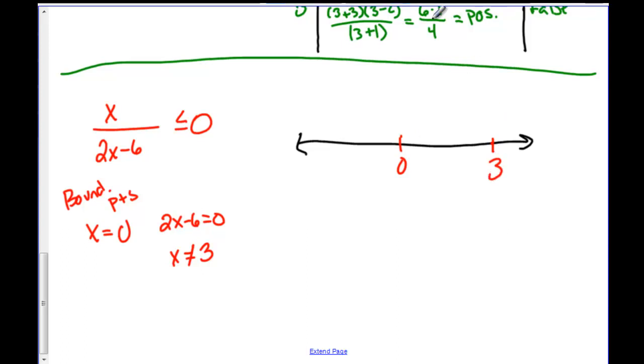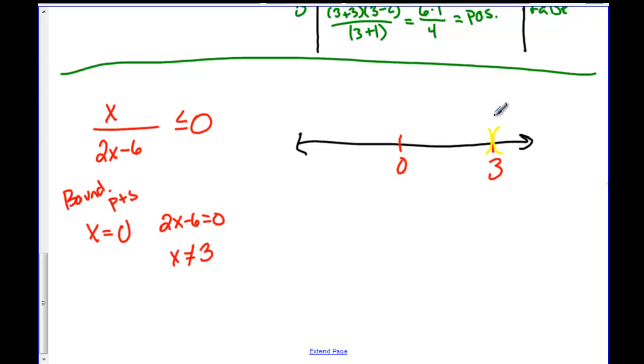One of the things I've done in the past is, because I knew x couldn't be 3, I would go ahead and lightly mark parentheses facing both ways. I remembered, okay, I'm not actually using these yet, but just to remind myself, it has to be a parenthesis at that 3, regardless of what intervals work.